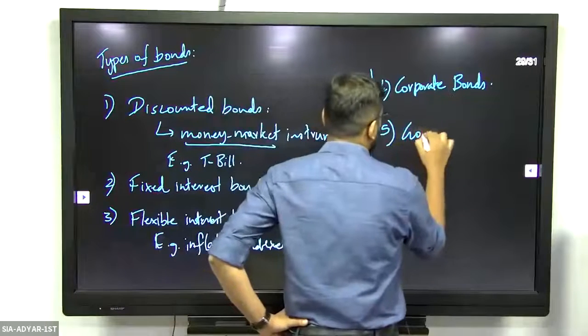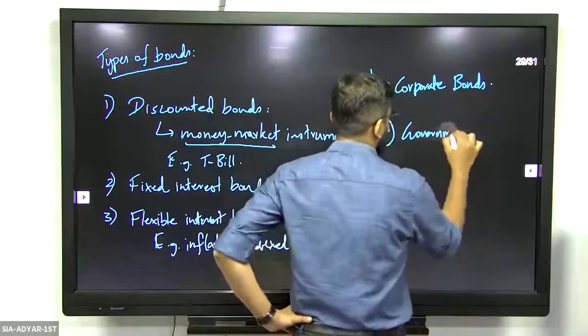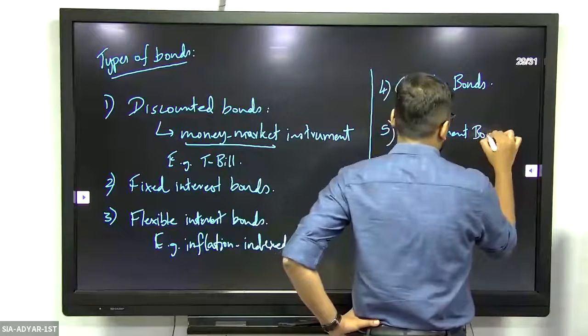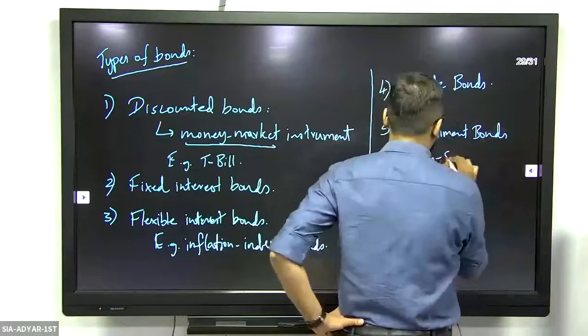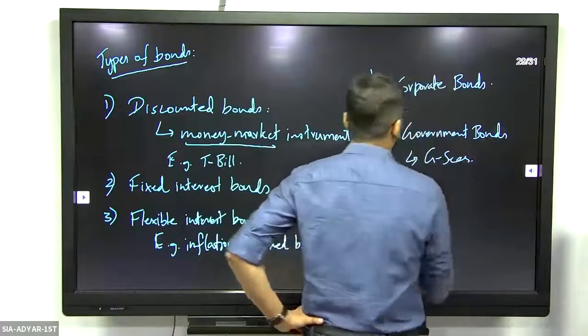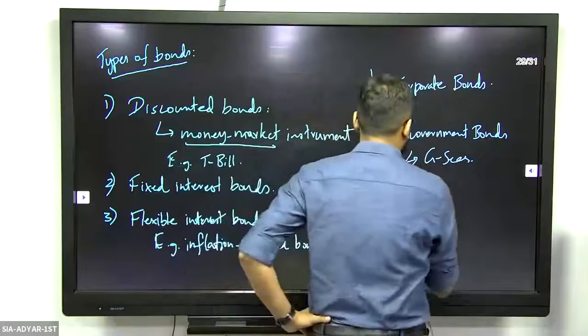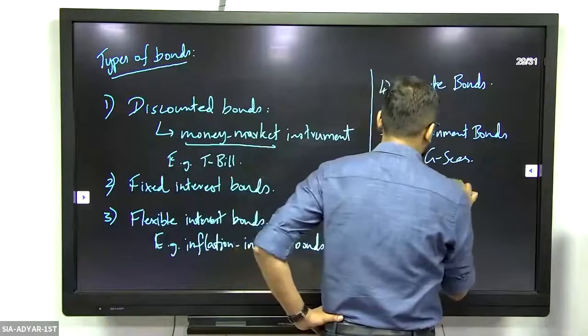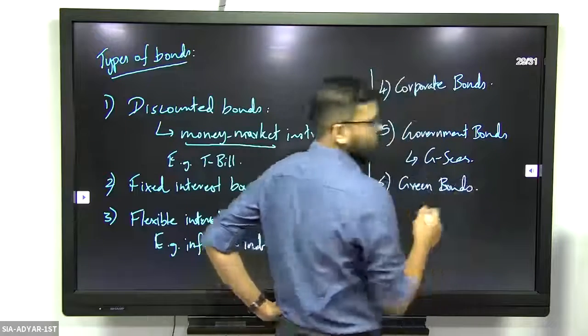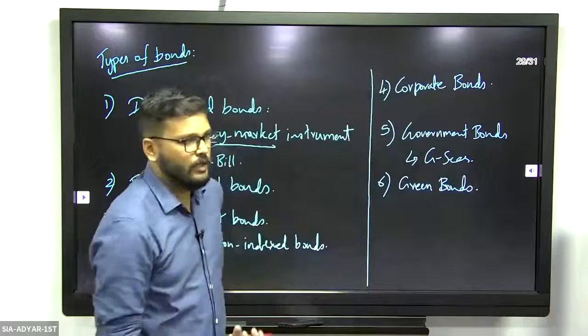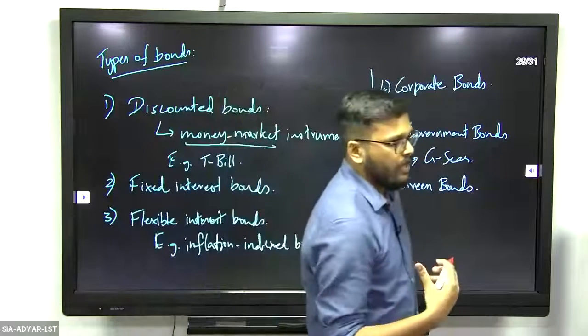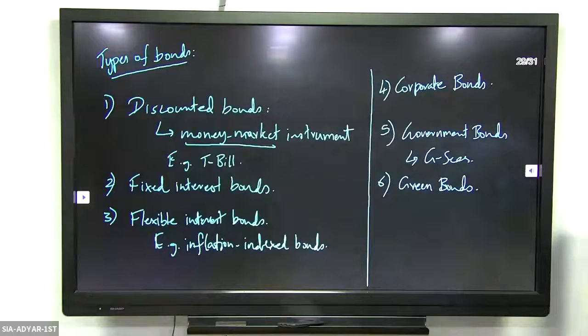Then you have government bonds, for example, G-Secs that are issued by the government of India. Then you have green bonds, which are issued for the purpose of environmental development or green infrastructure initiatives. Any of those could be there.